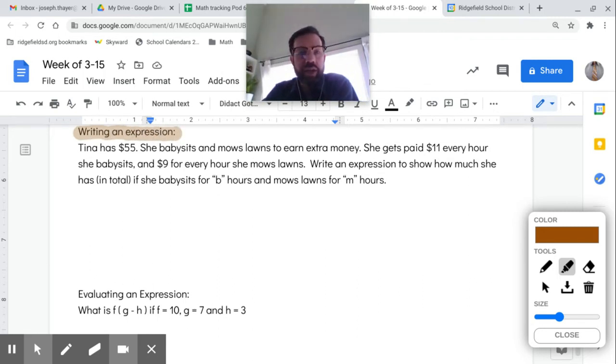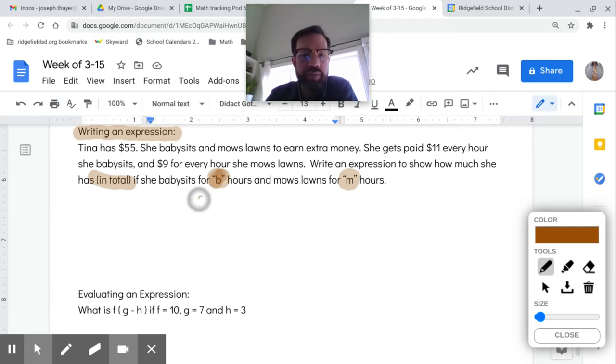So let's look at an example. Tina has $55. She babysits and mows lawns to earn extra money. She gets paid $11 an hour she babysits and $9 for every hour she mows lawns. Write an expression to show how much she has in total if she babysits for B hours and mows lawns for M hours. So they're not telling us exactly how many hours she babysits, but we know that she gets paid $11 for every hour.